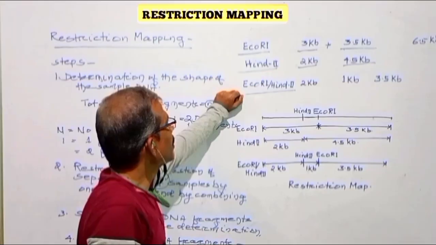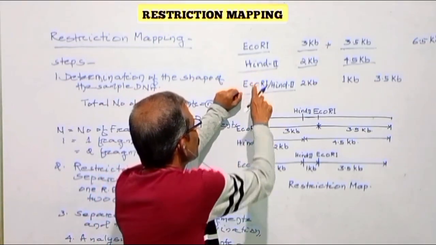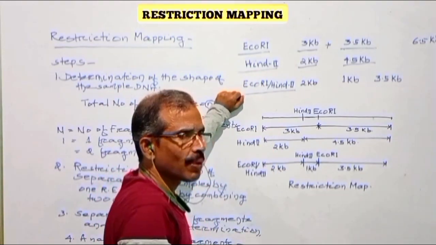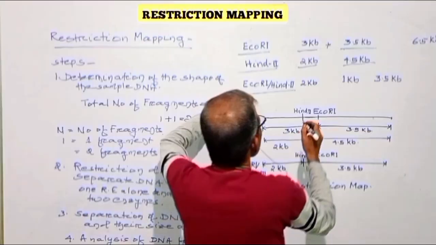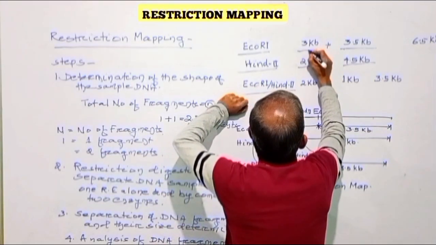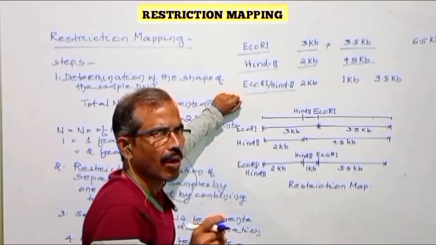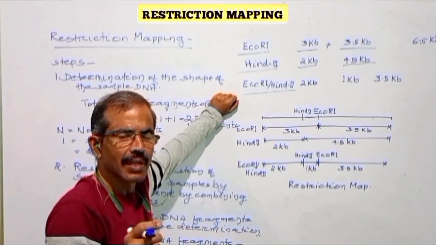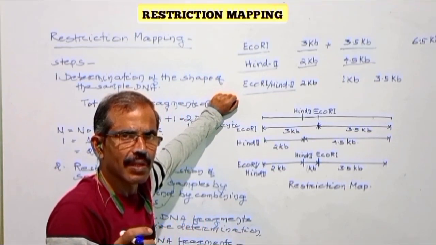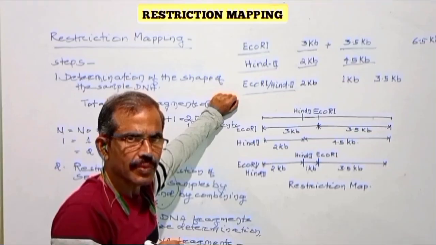When the DNA sample is cut by EcoR1, two fragments are produced, out of which one is 3 kb and the other is 3.5 kb long. This indicates that the sample DNA is linear.